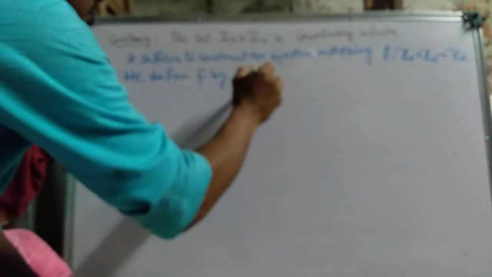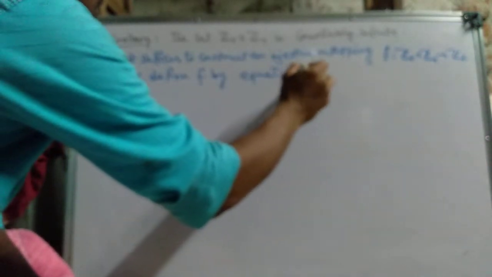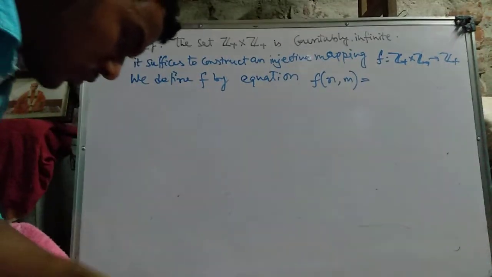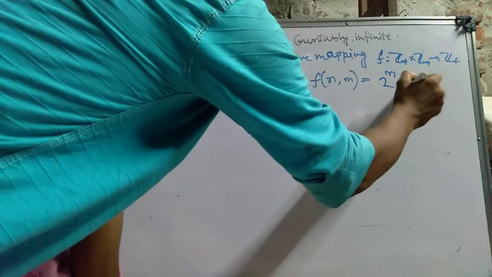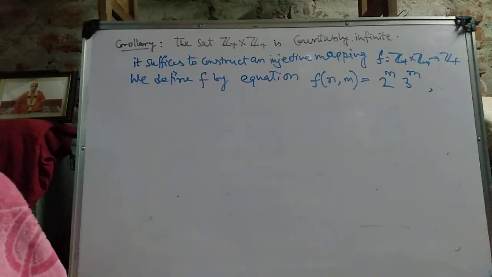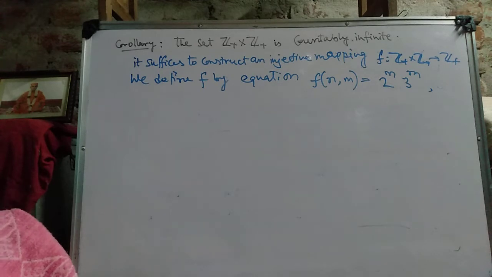We define f by the equation f(n, m) equals 2 to the power n times 3 to the power m, where n, m belong to Z plus.